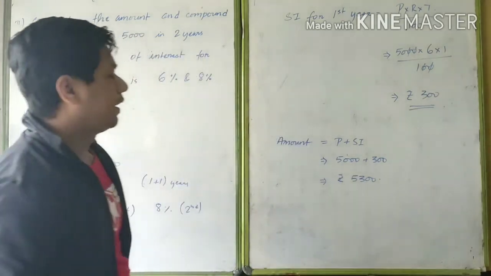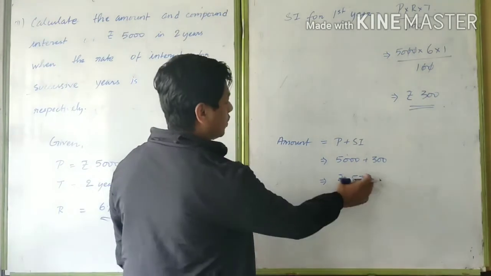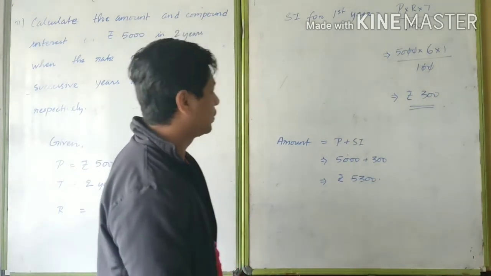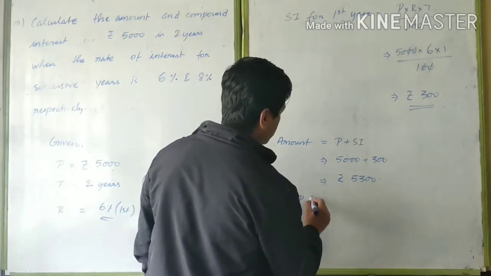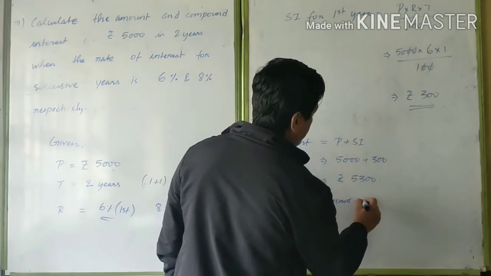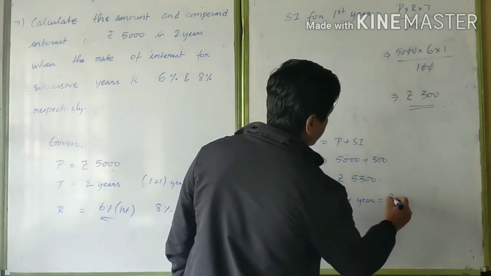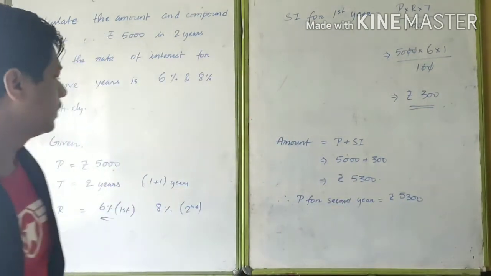So the amount at the end of the first year will be rupees 5300. Now this amount at the end of the first year becomes the principal of the second year. Therefore P for the second year is equal to rupees 5300.